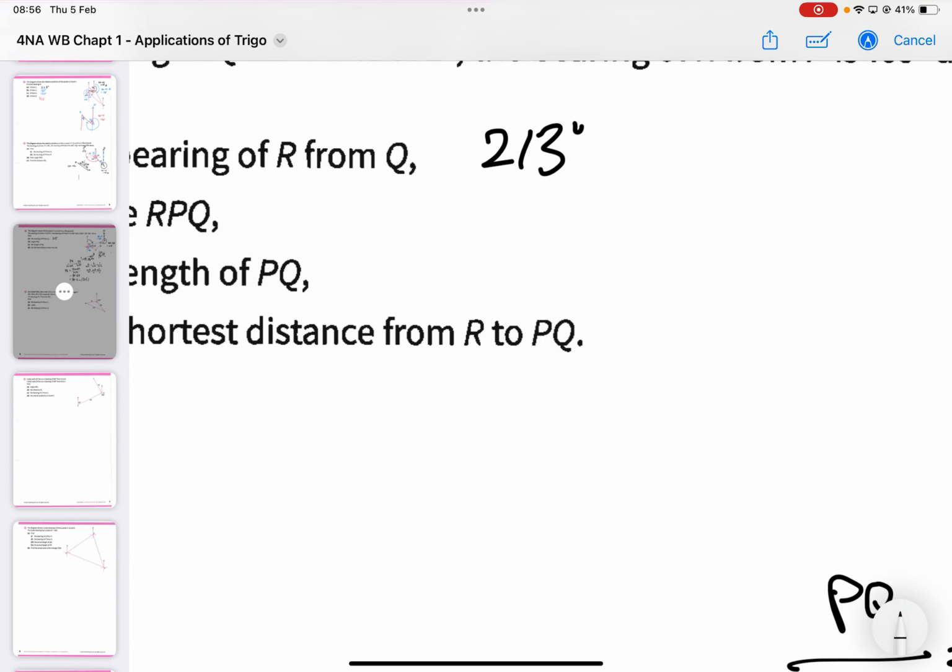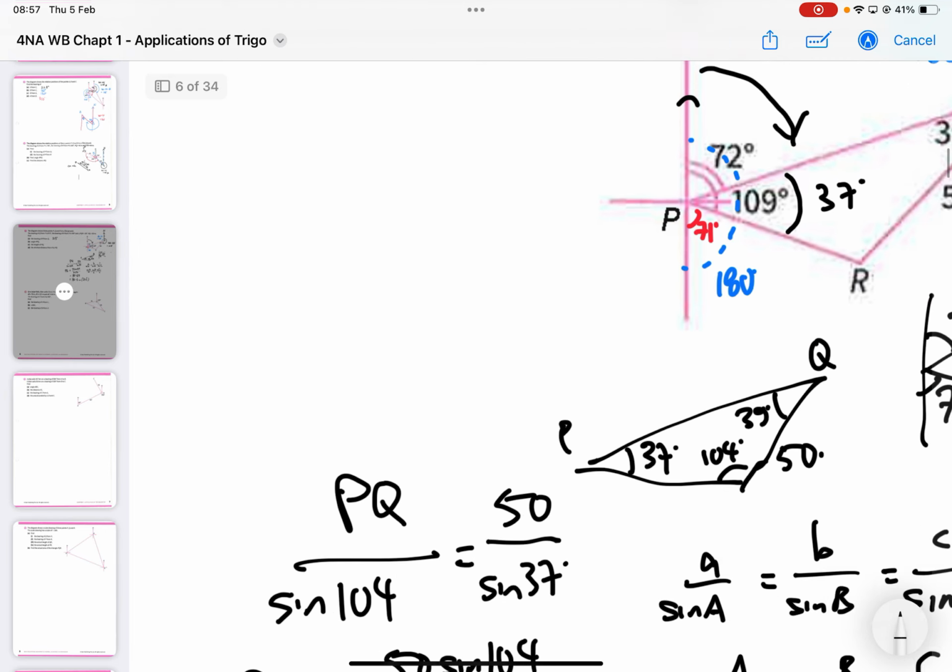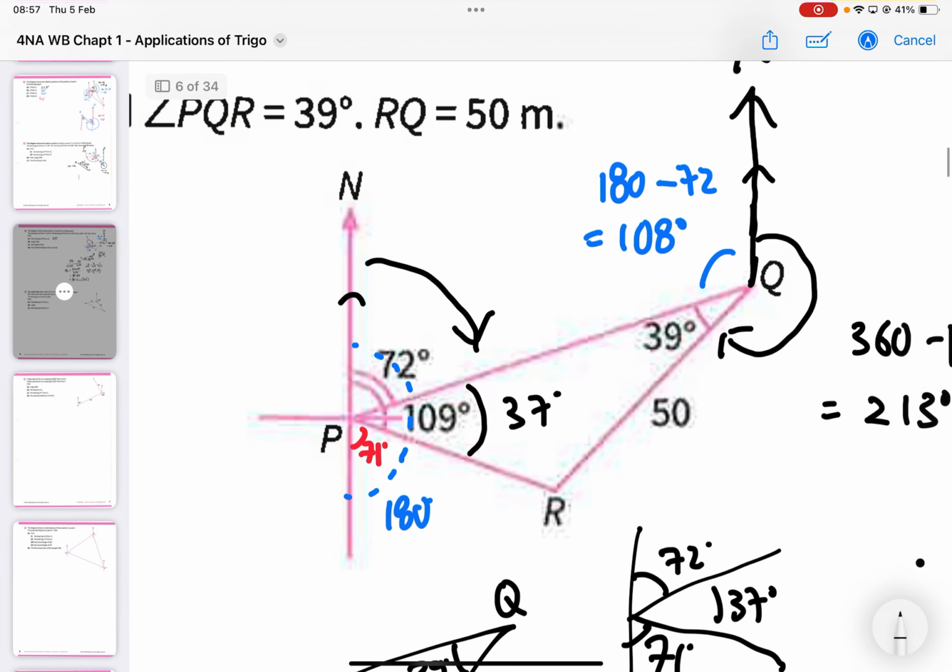So when we have a point to a line, the shortest distance, look here, PQ is a line. R is a point. If I want the shortest distance, it will definitely make 90 degrees with the line.